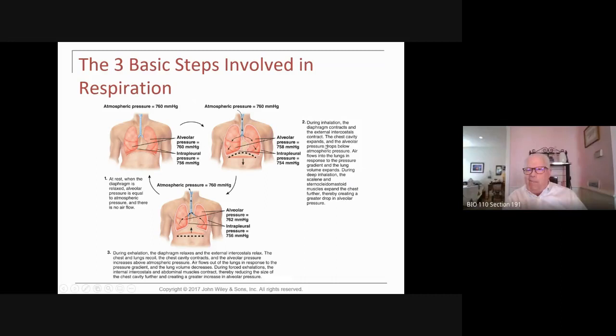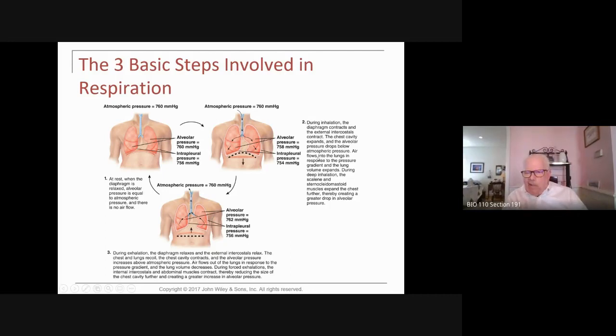When the chest cavity gets bigger, the volume increases. When the volume increases, the pressure drops. So now the alveolar pressure inside your lungs is lower than the atmospheric pressure. Here are the numbers. It's lower than 760.